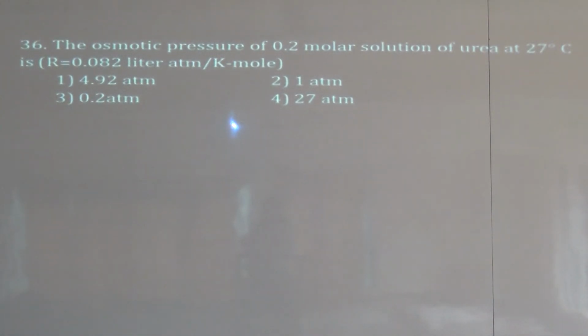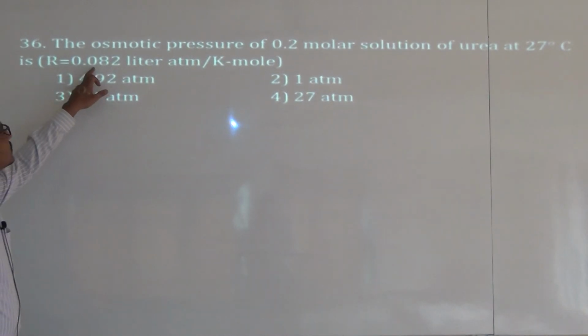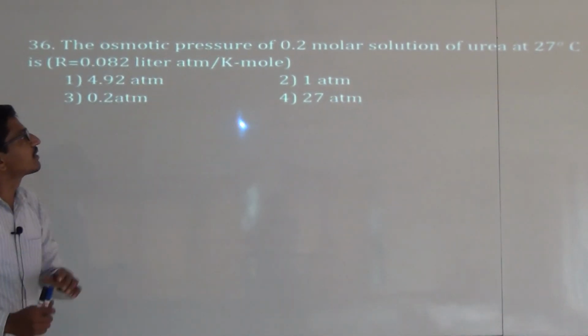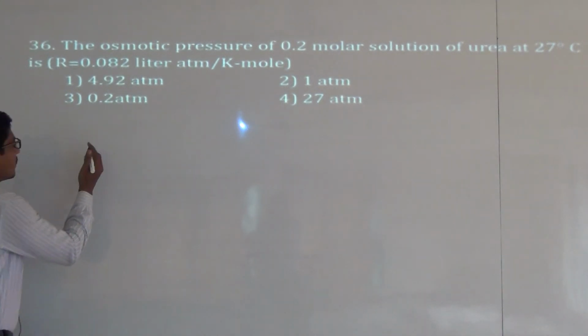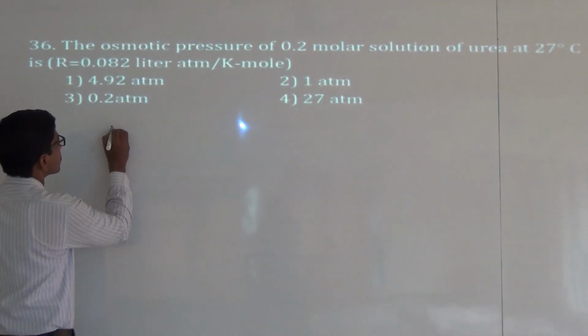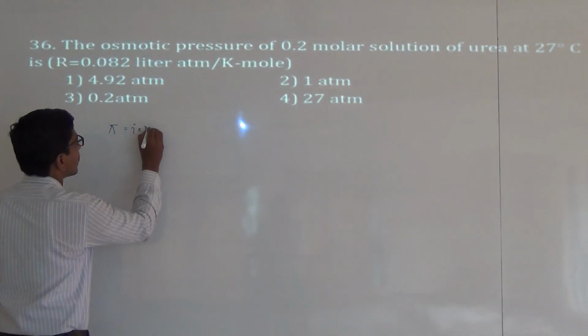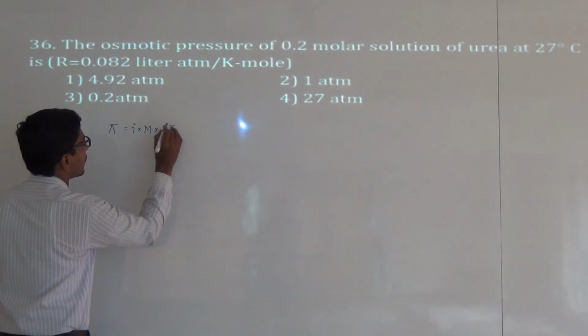Next question is, the osmotic pressure of 0.2 molar solution of urea at 27 degrees Celsius is, and they gave the value of universal gas constant R equal to 0.082 liter atmosphere per Kelvin mole. The expression for osmotic pressure is pi is equal to i into M into RT.